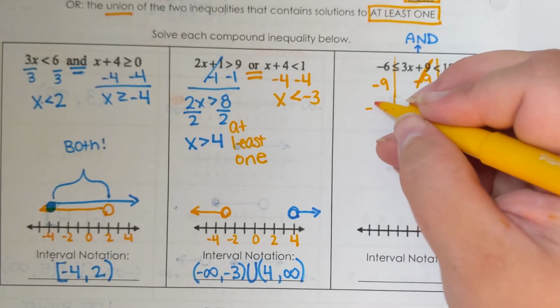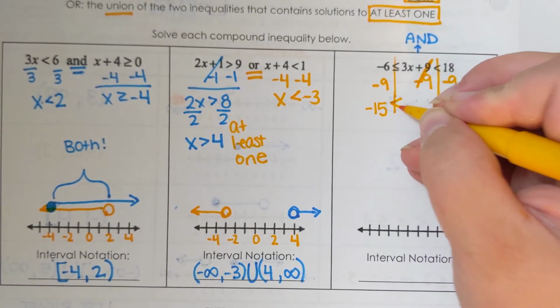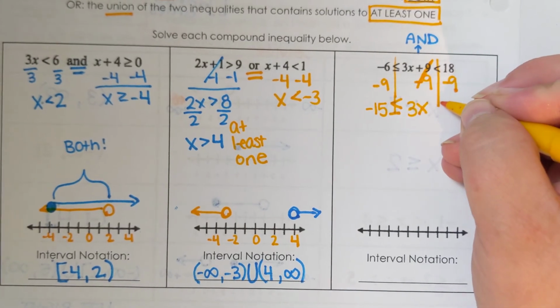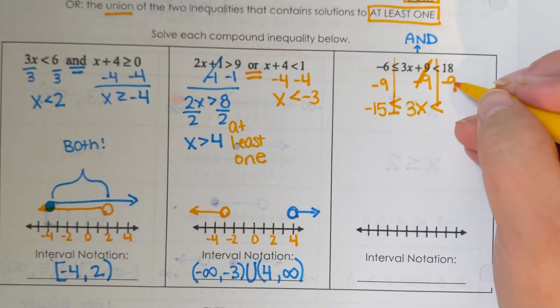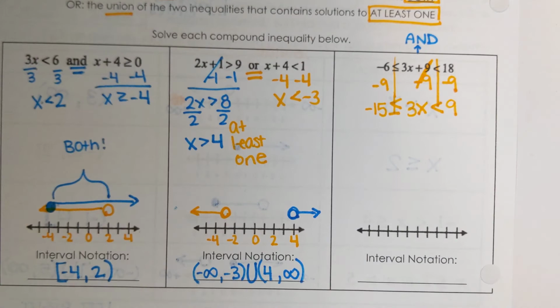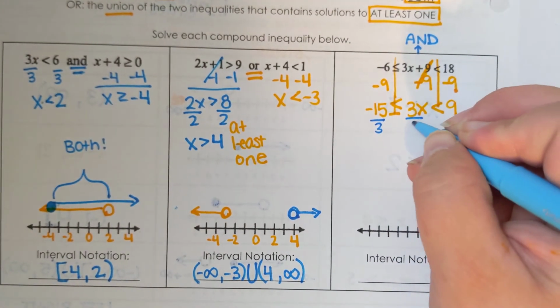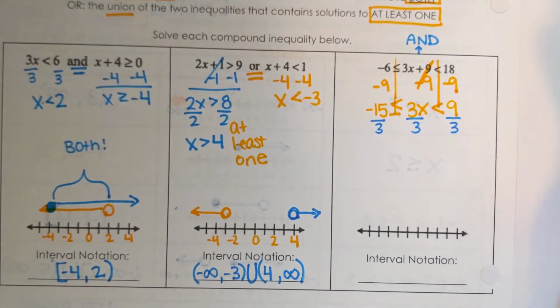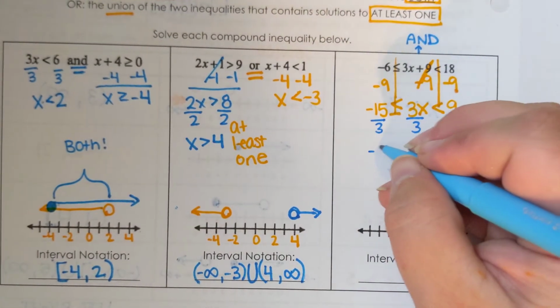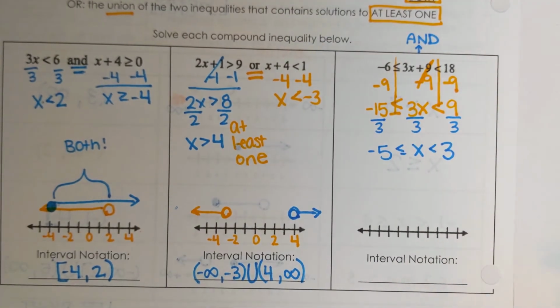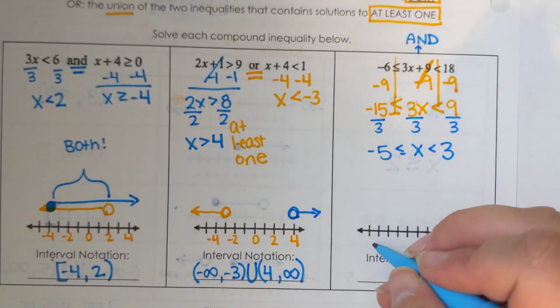-6 minus 9 is -15, less than or equal to. Now it's just 3x is less than 18 minus 9 is 9. Then, to get rid of the 3, we divide by 3. Done. It's between -5 and 3.